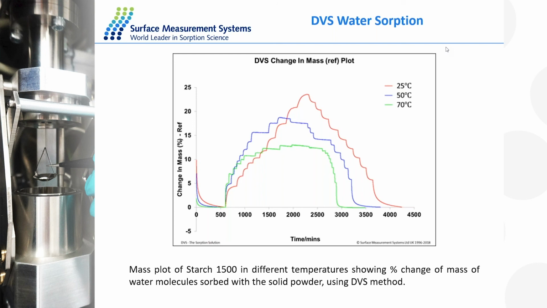Some of our customers typically do 85 degrees, 85% relative humidity, and that effect is more pronounced at 85 degrees. And like I say, above 50% relative humidity, you see more of this, and gradually, the higher you go, the more of this slope you see.